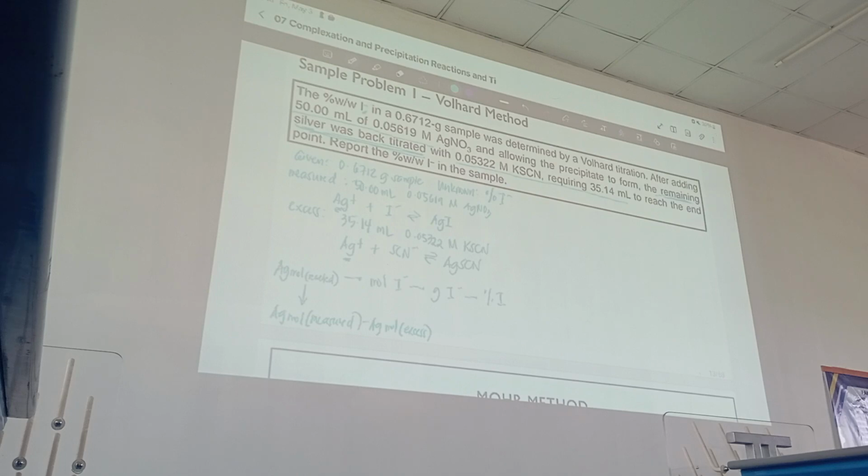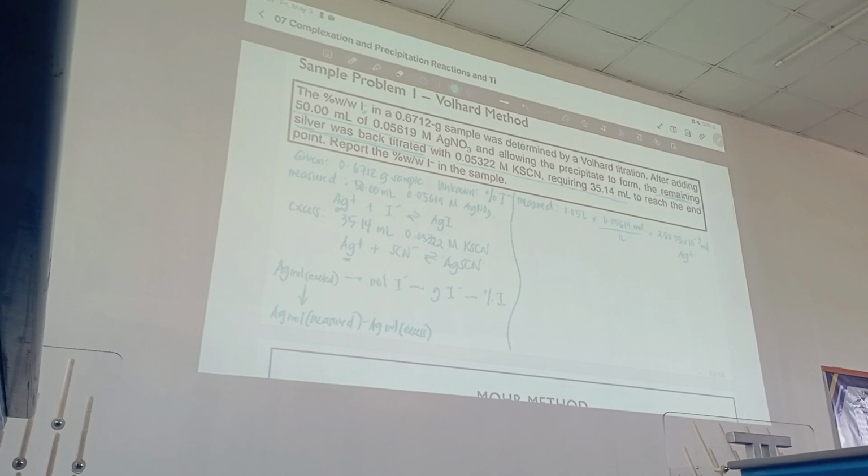Sige, let's start. Sa measured, we have 0.05 liters times 0.05619 mole over 1 liter. This is 2.8095 times 10 to the power negative 3 moles of Ag plus.